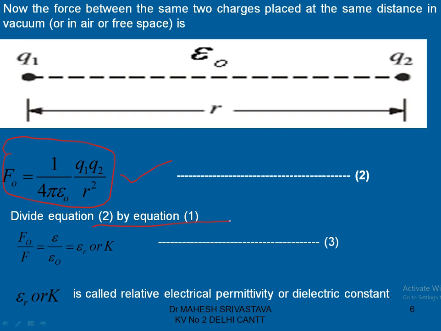Then what will you get? Q1 Q2 upon R square gets cancelled, 4 pi also gets cancelled, and finally the relation you get is F naught upon F equal to epsilon upon epsilon naught, and this ratio is known as relative electrical permittivity or dielectric constant, which is represented by epsilon R or capital K.